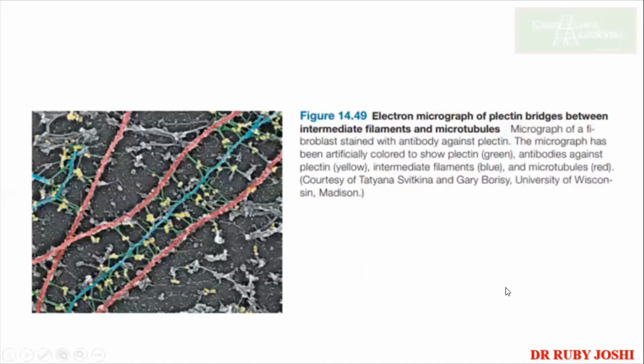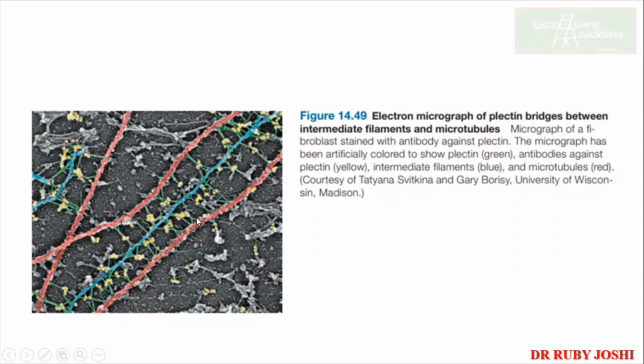Now let's see the figure. This is the figure taken of a fibroblast with an antibody against plectin. The plectin has been colored green. If you see this green color, those are the plectins. Then the intermediate filaments are in blue color, and the microtubules are in red color.